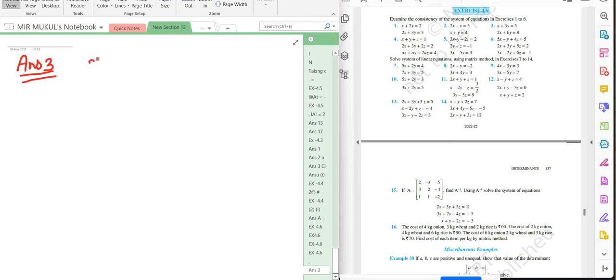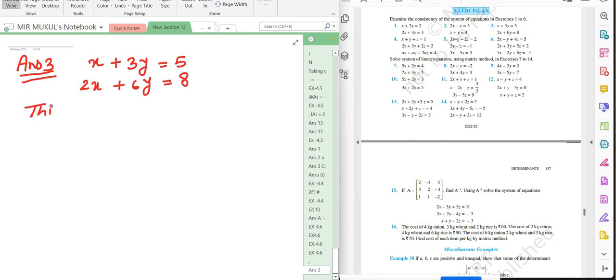Answer 3, here x plus 3y equals 5, 2x plus 6y equals 8.